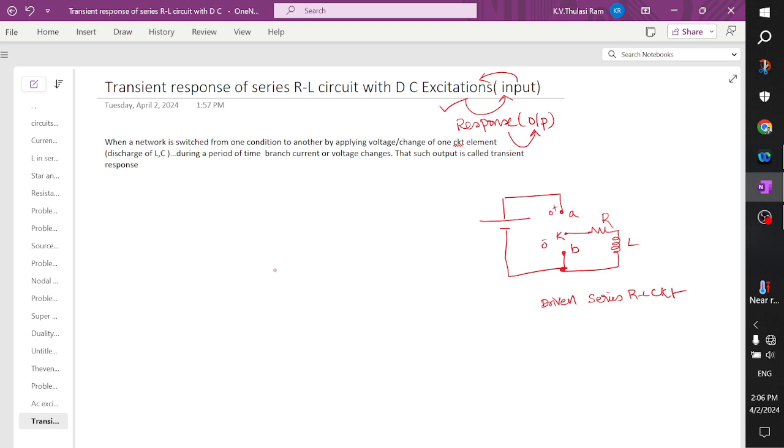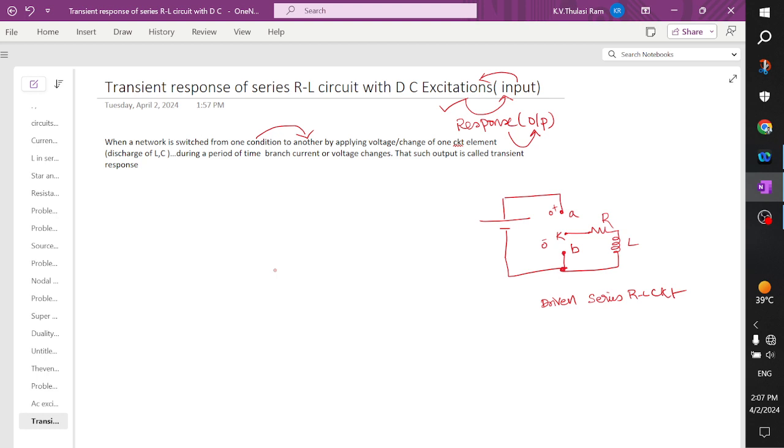Generally in an electrical circuit, let's try to understand the definition in such a way that it will be useful to analyze. Transient means when a network is switched from one condition to another condition by applying voltage.